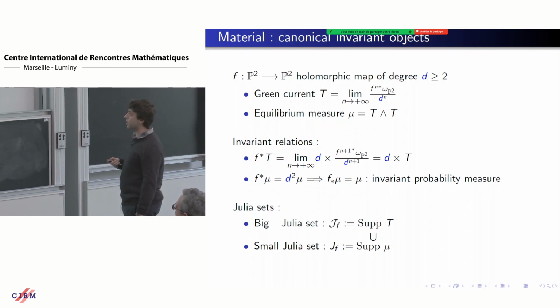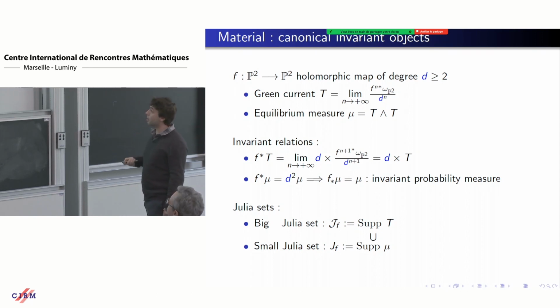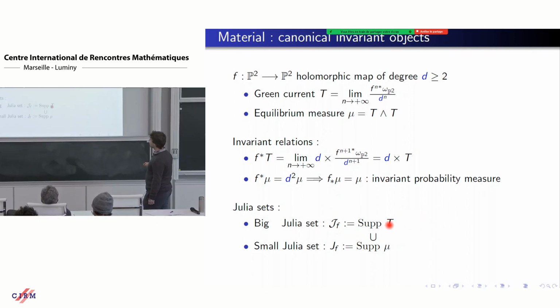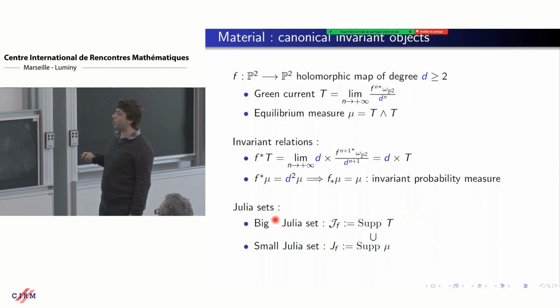So these objects are very classical, and they are strongly related to the dynamics of the mapping. So, for example, the support of this object are exactly what we call the big and the small Julia sets. So the big Julia set is the complementary set of the Fatou sets.